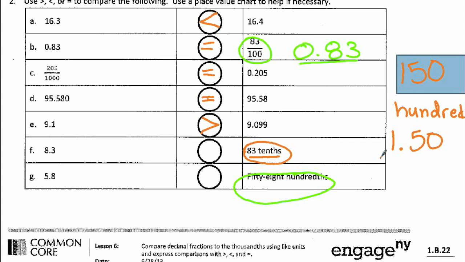And how many sets do I have? So if I have 83 cents, how many dimes do I have? 8 dimes and 3 pennies, but that's not what it's asking, is it? Right now it's saying you have the number 83 in the tenths place.